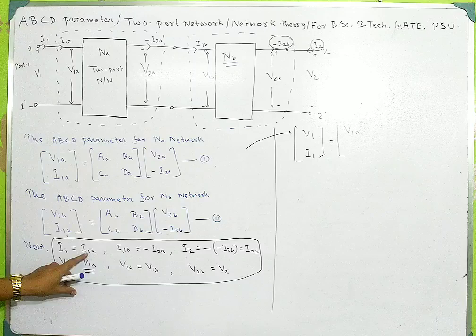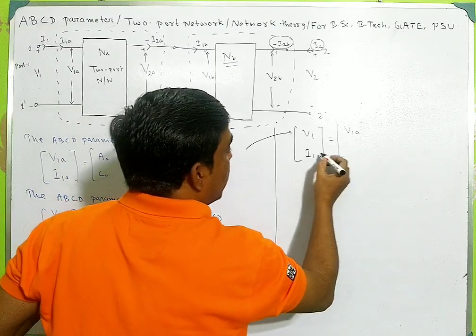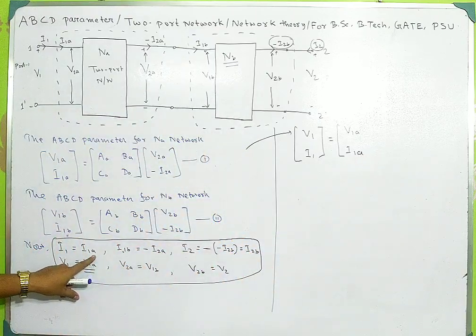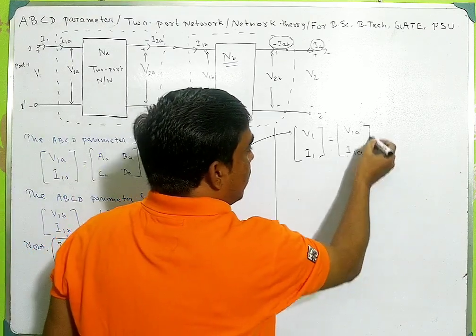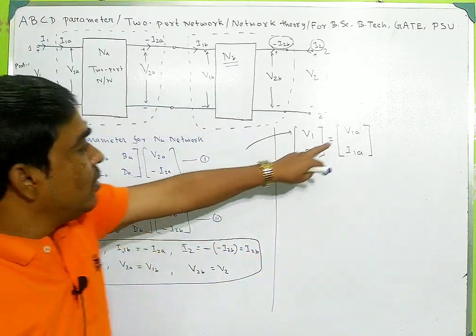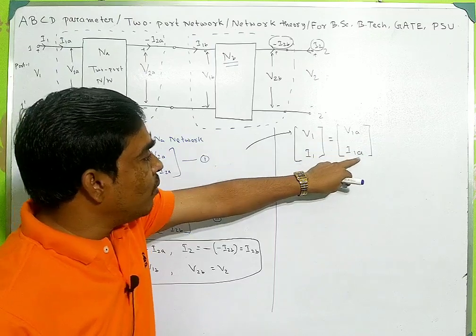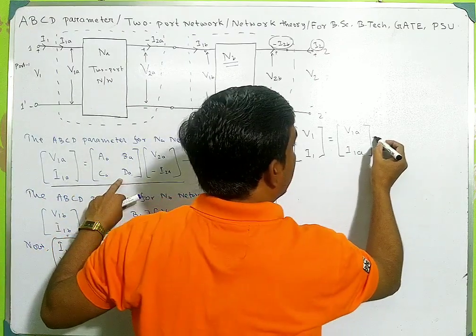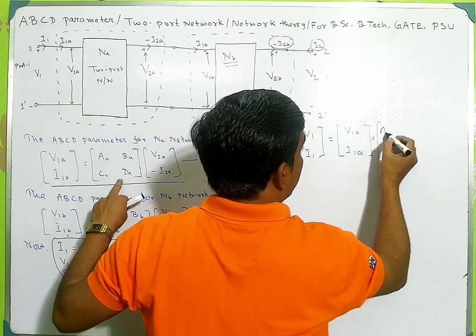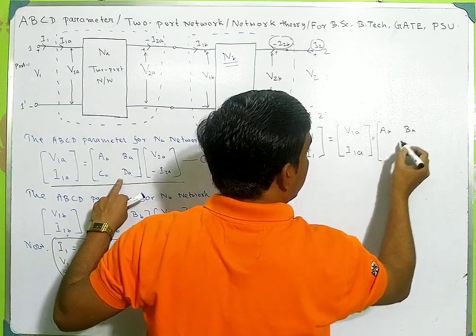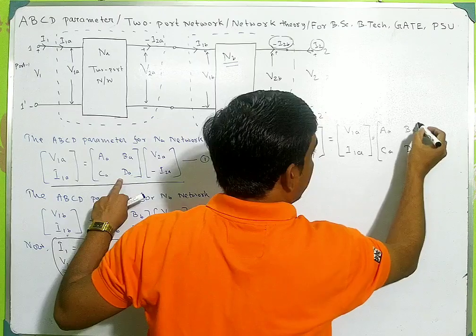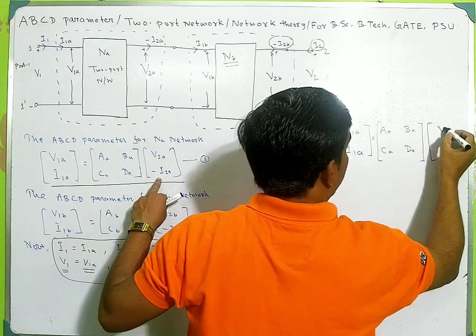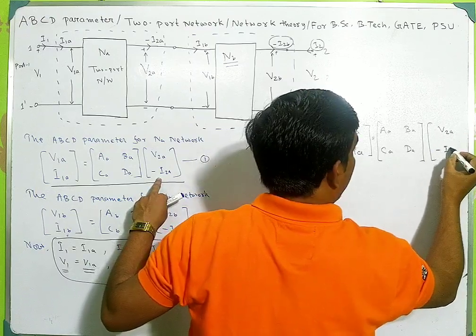Now I1 is given by I1A, so I can write I1A in the position of I1. This is the equation. Now this is the V1A, this is I1A. So from this equation we can write this: AA, BA, CA, DA, and this is V2A, minus I2A.